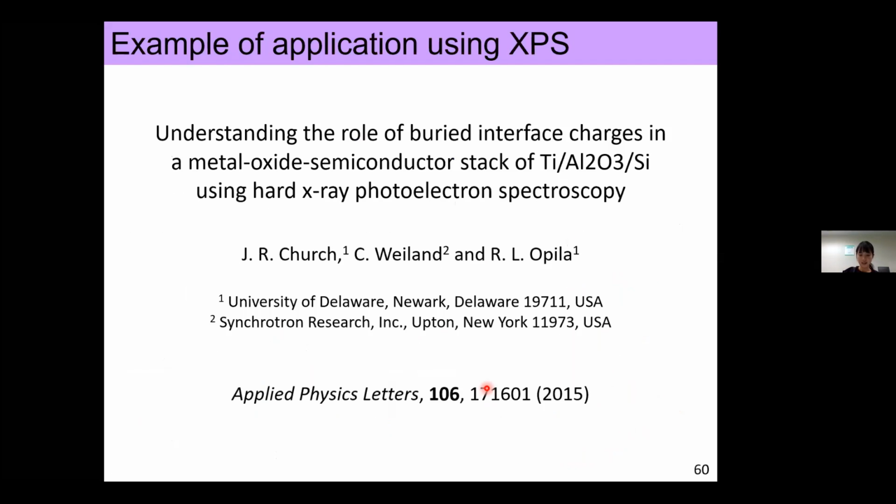Here I'd like to introduce this paper, Understanding the Role of Buried Interface Charges in a Metal Oxide Semiconductor Stack of Titanium, Alumina, Silicon using Hard X-ray Photoelectron Spectroscopy. The authors are from the USA. This paper was published in Applied Physics Letters. I will not explain it in much detail. If you are interested, please read this paper.